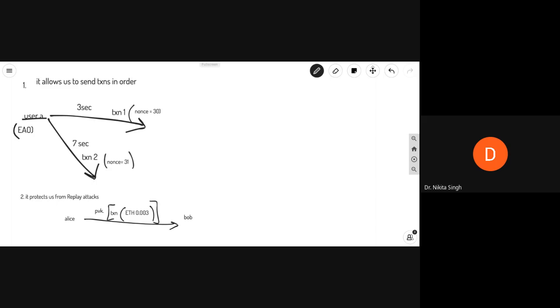But if there is no nonce present here, he can keep on using the same transaction saying that I am to receive this amount of ether from Alice. But since the nonce value is unique, you cannot duplicate the transaction. So these are the two advantages of using the nonce in an account.